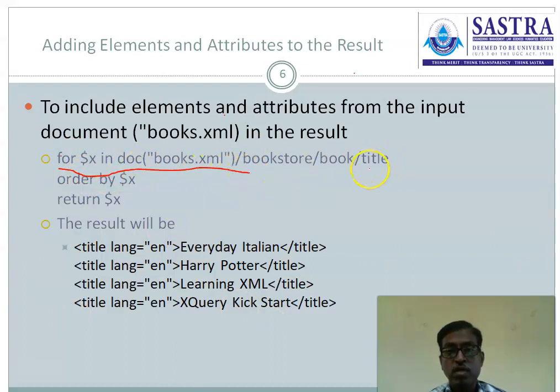We are going to fetch the title element, ordered by $x, and return $x. Then title along with attribute. As I said previously, title along with attribute. Everyday Italian, Harry Potter, Learning XML, XQuery Kick Start, all those things are displayed in this title tag.